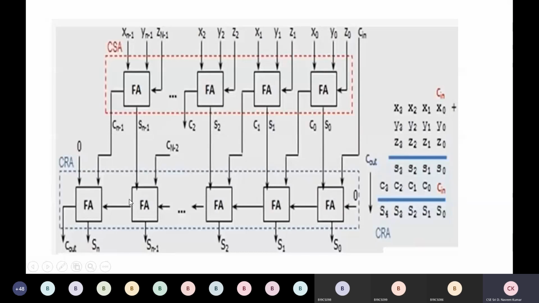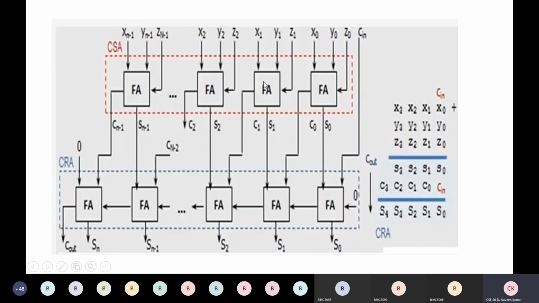So this addition is done by these full adders, 1 bit by 1 bit. This full adder will do this 1 bit addition, this full adder will do this 2 bit addition, and this full adder will do this addition. This column addition is done by these full adders. And the important thing is, in our previous slides, when we saw the hardware implementation, the carries propagated from full adder to full adder, because the resultant carry from the sum of these bits propagates here and is added here.